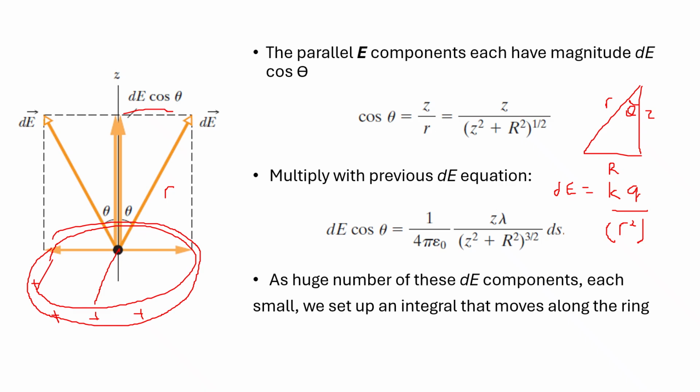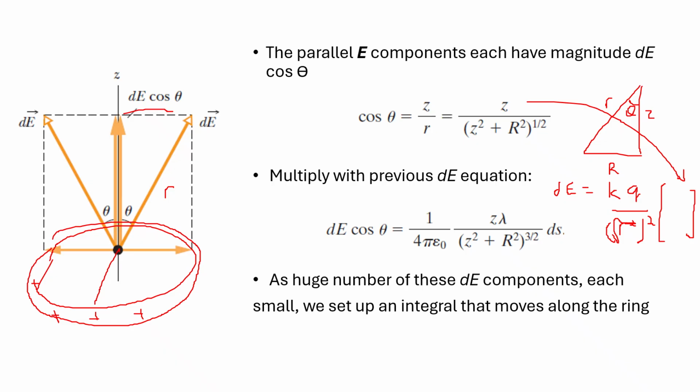Then because you have to include the cos theta, you just put the value of cos theta, which is from here to here. After you substitute, you get this equation: 1 over 4 pi epsilon 0 times z lambda, the charge density, over z squared plus r squared with the power of 3 over 2, times ds.